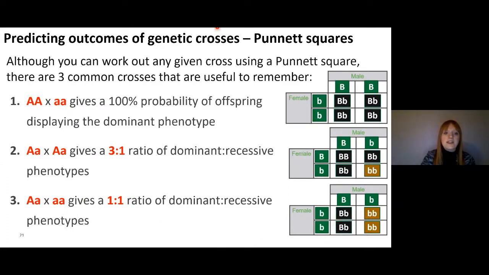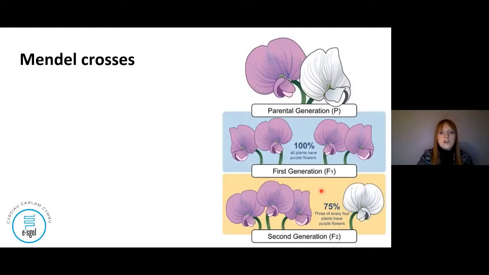Okay, so this here, I'll send out these PowerPoints, this will be available to you. This is a nice one to learn, okay, because these are the 3 versions that you will ever be asked in an exam.